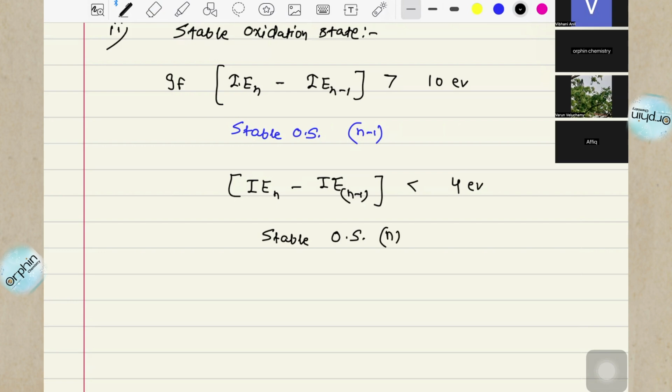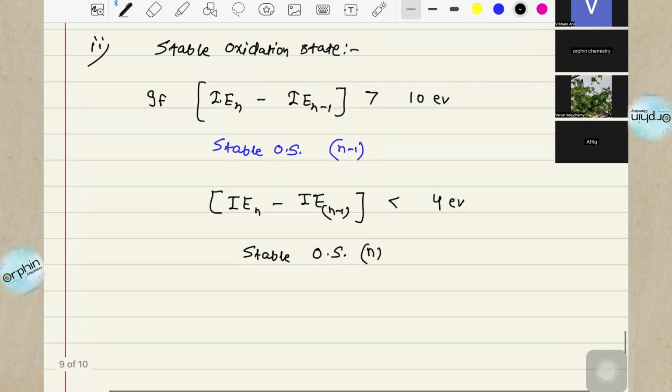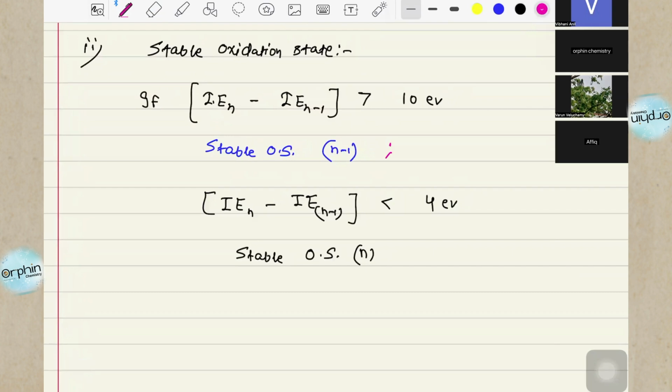And it is very easy. You will be able to understand. Just see here. Suppose IE3 and IE2 are there. And the difference comes to be 15 electron volts, suppose. So from here, what will be the oxidation state? The common oxidation state is +2. This means the stable oxidation state is +2.